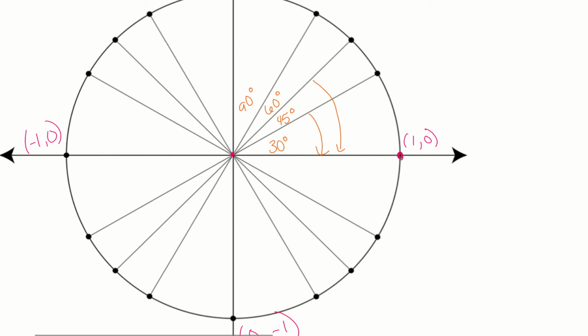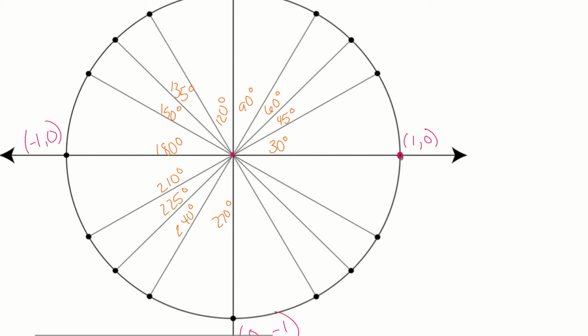Okay, let's go ahead and finish drawing all these out. So I have 120 degrees. Let's see, 135, 150, 180. We have 210, 225, 240, 270.